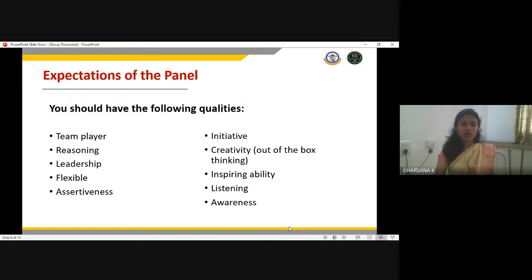When another person in the group is speaking, you should have the patience to listen to them. And your awareness: they'll also be checking your awareness about the topic. The topics for group discussion are commonly based on current affairs, so they'll be checking whether you are aware of all these things. Okay.